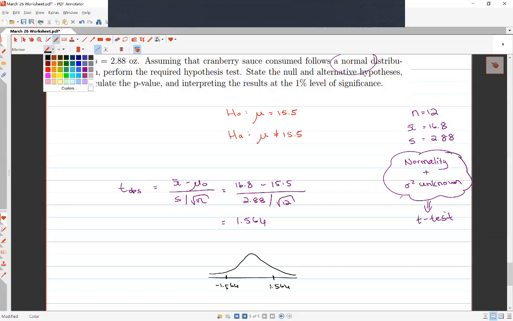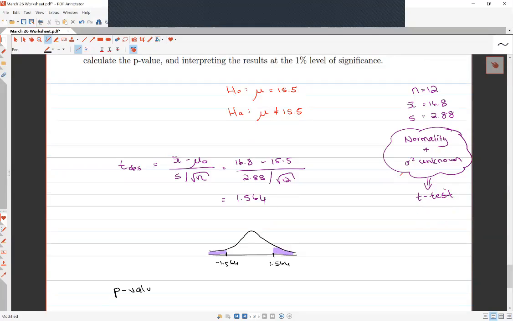So the shaded region here defines our p-value. The way you would do this is 2 times TCDF.